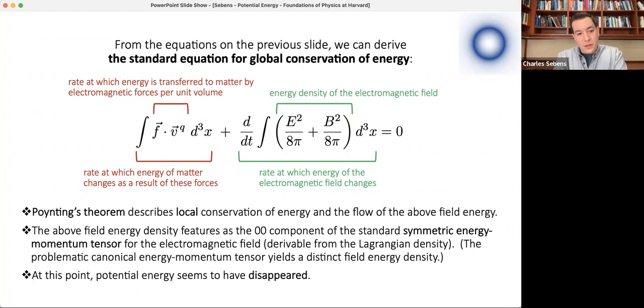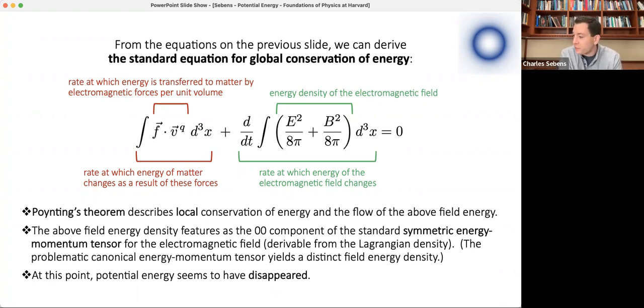The less advanced way to get at this equation for conservation of energy is through Poynting's theorem, where you can derive this equation from Maxwell's equations and the Lorentz force law on the previous slide. Interestingly, historically, I think things went the other way around.